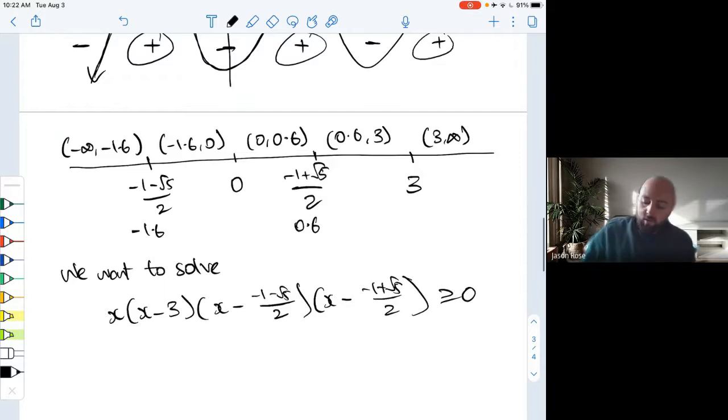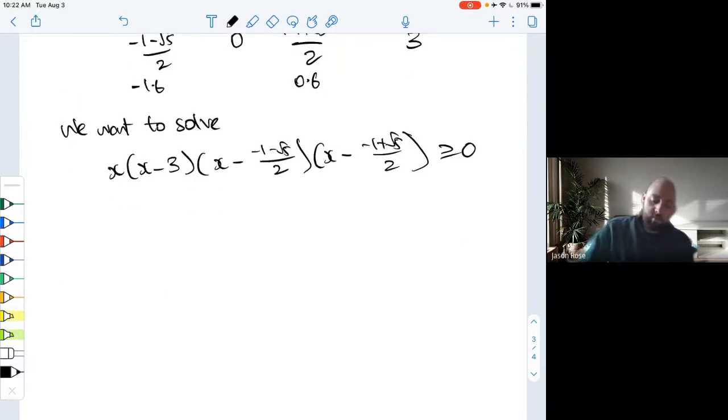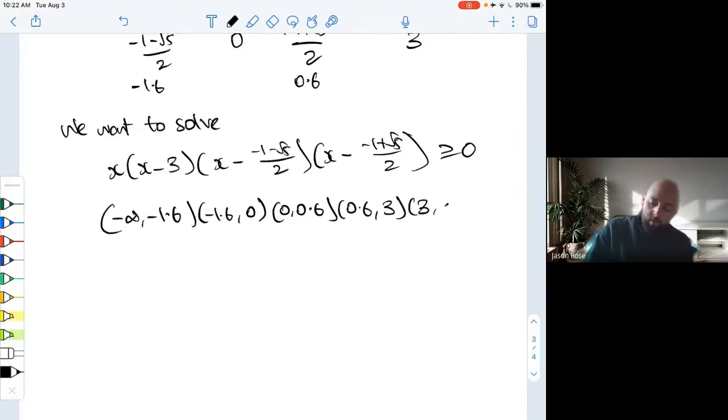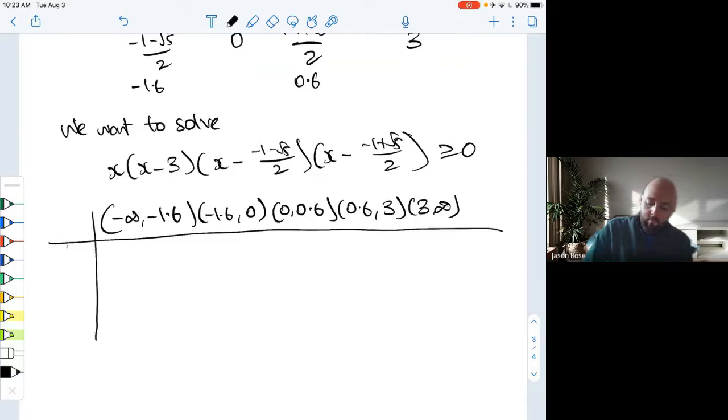Okay, so we're going to go to the table that we made before. I'm going to write in those intervals. We're going to write all our factors down the table here.